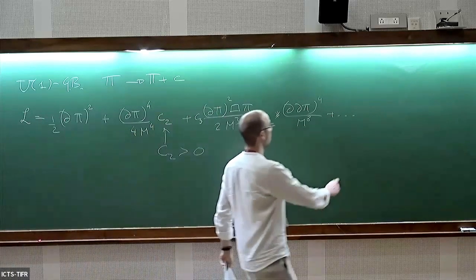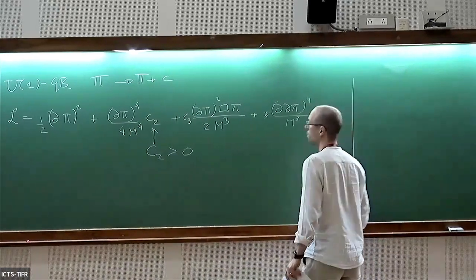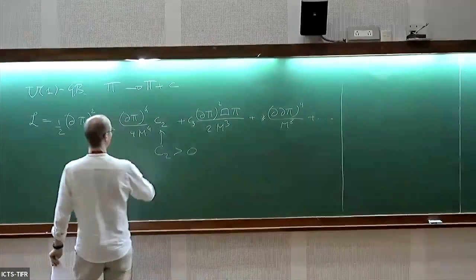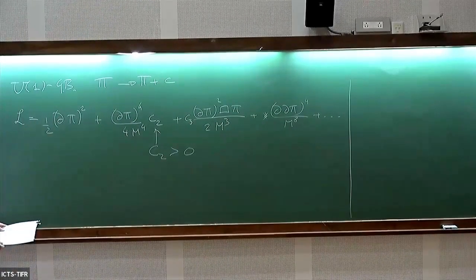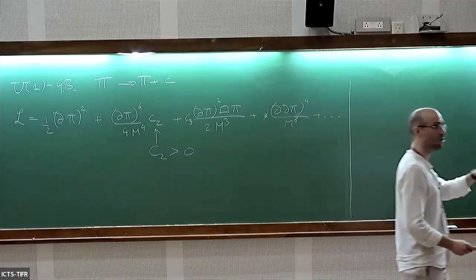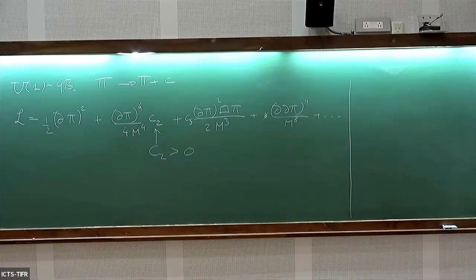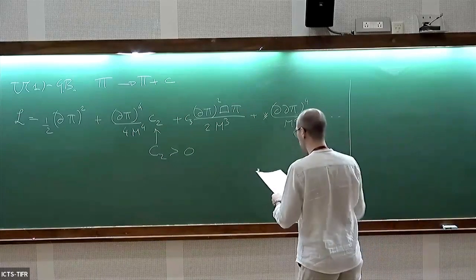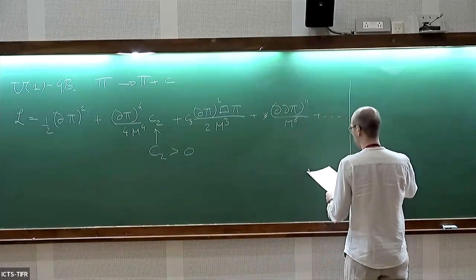Let's try it. The idea is that if you have C2 on the wrong side, you are able to build some background solutions of the equations of motion upon which perturbations can travel superluminally. So let's see what the equations of motion are here.